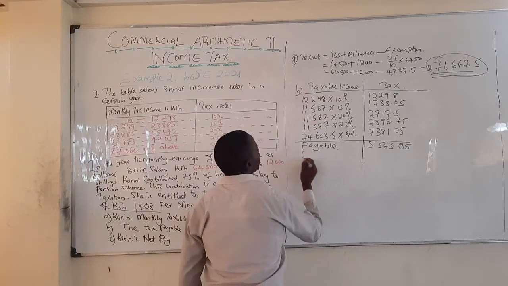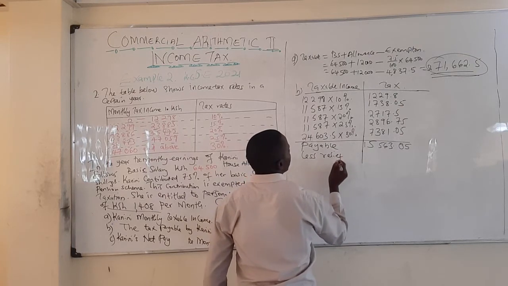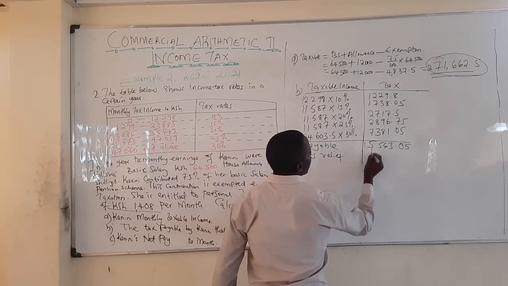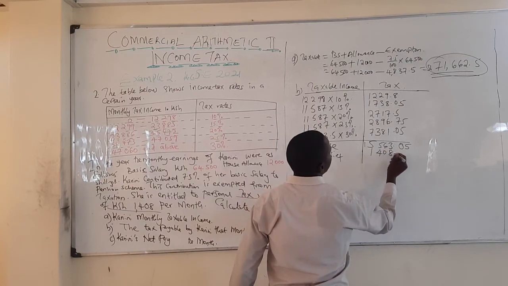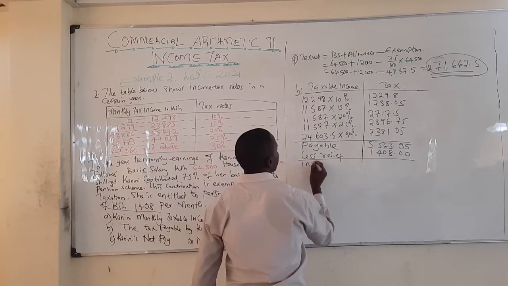So now we less relief. This is why we less relief, 1,408.00, for us to be able to get the income tax.